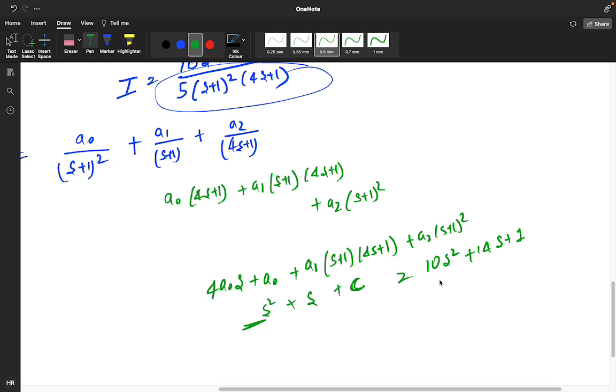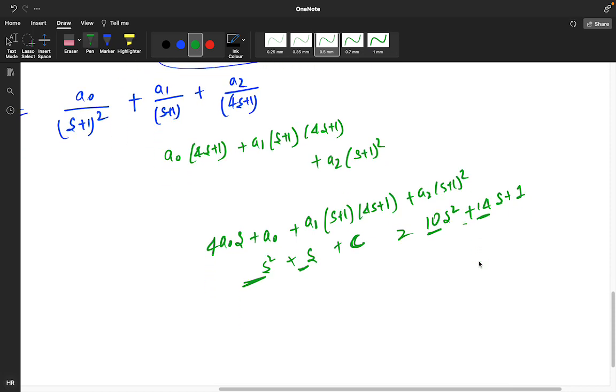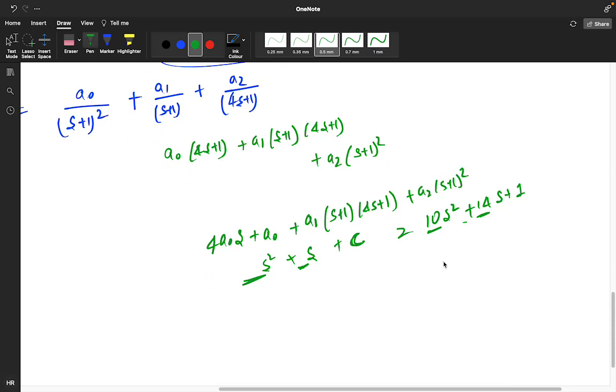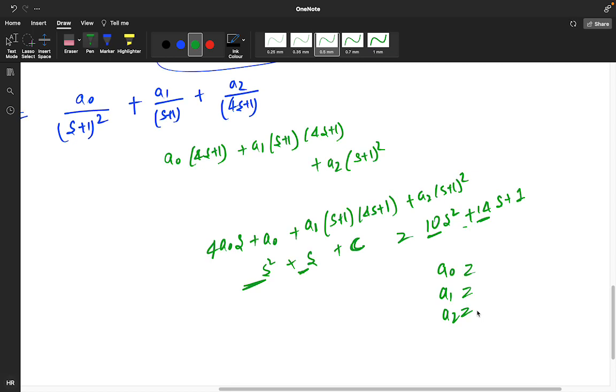So from this you have to equate this, from this you have to equate this. So you will get 2-3 equations. By solving these 2-3 equations, you will get the values of a0, a1, a2.